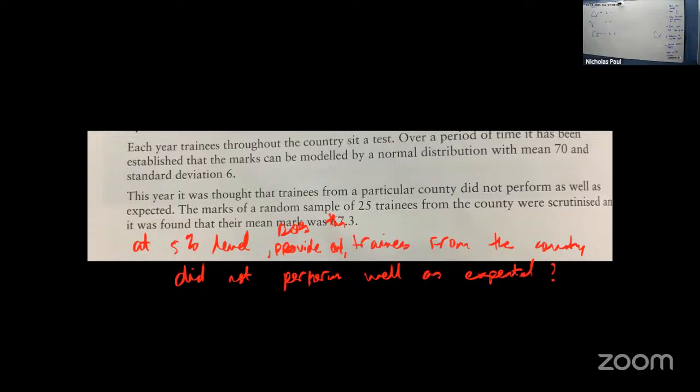Each year, trainees throughout the country sit a test. Over a period of time, it has been established that the marks can be modeled, very, very important. The tests are normal.